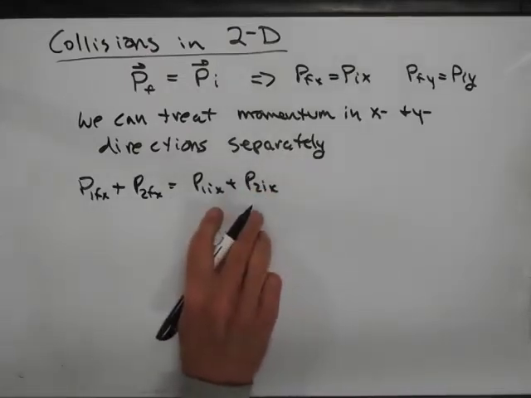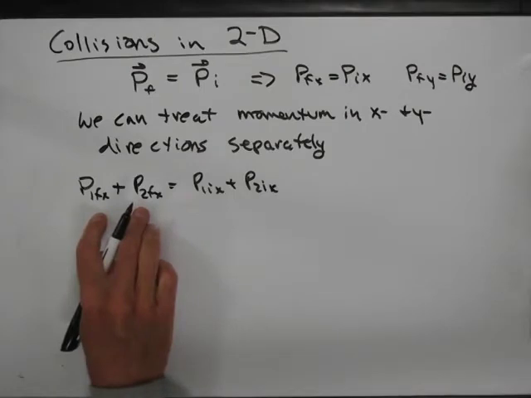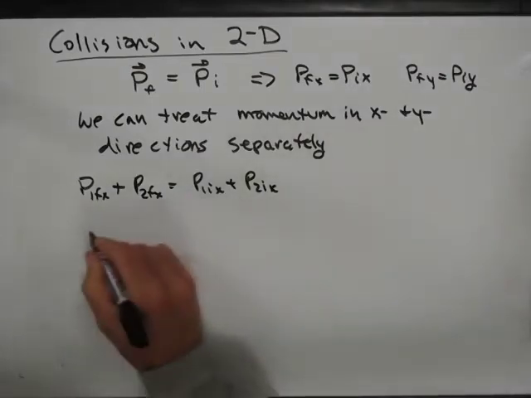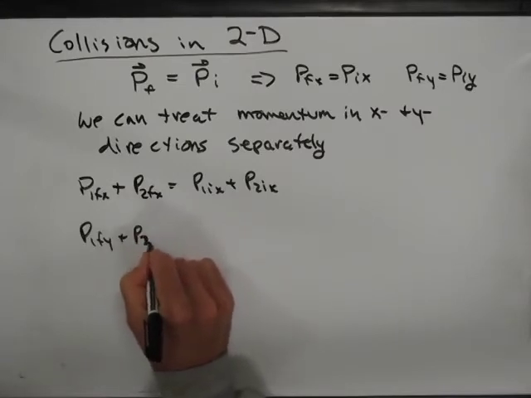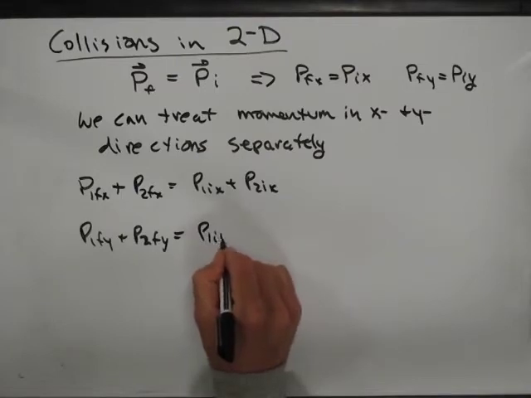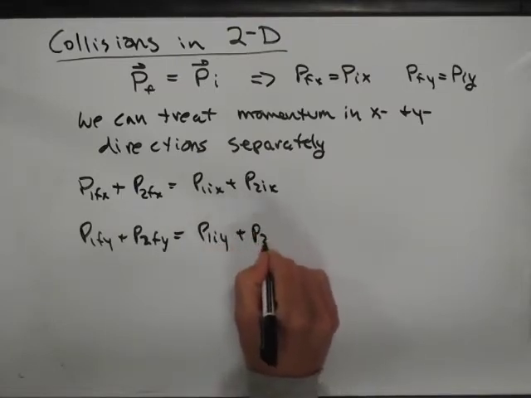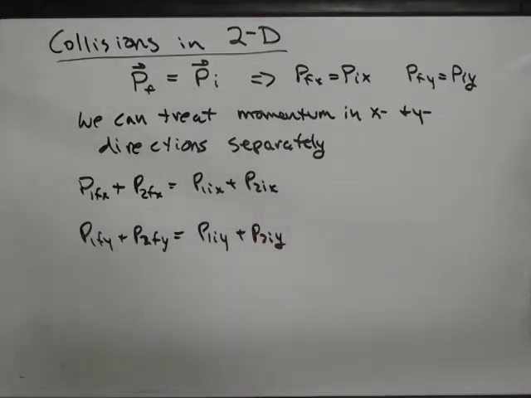In other words, the initial momentum in the x direction for the two objects adds up to the final momentum in the x direction for the two objects. Similarly, P1 final y plus P2 final y in the y direction equals P1 initial y plus P2 initial y. You can just apply the conservation of momentum along each axis independently.